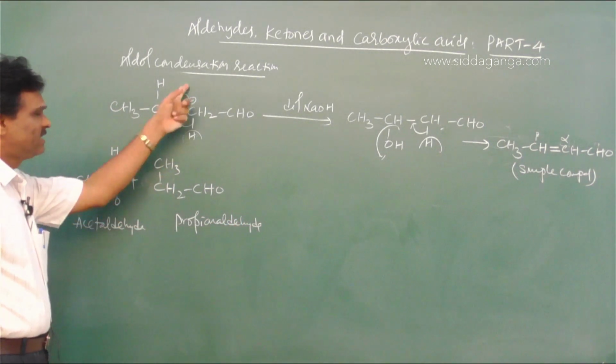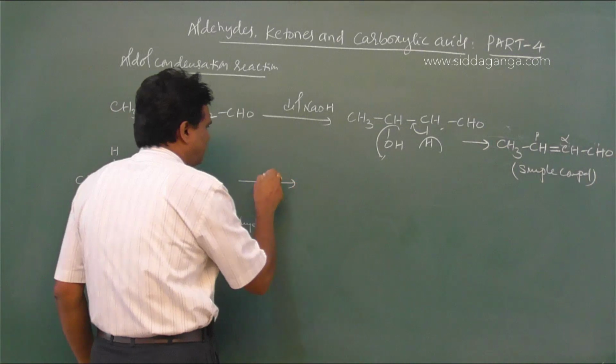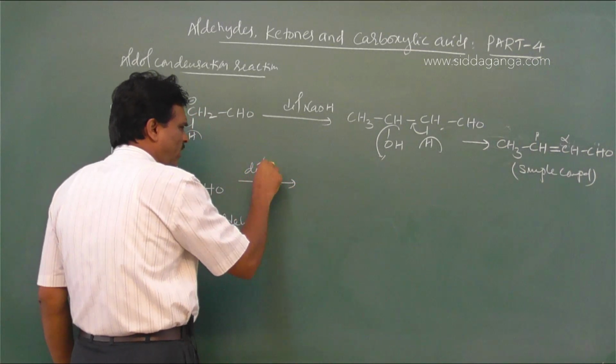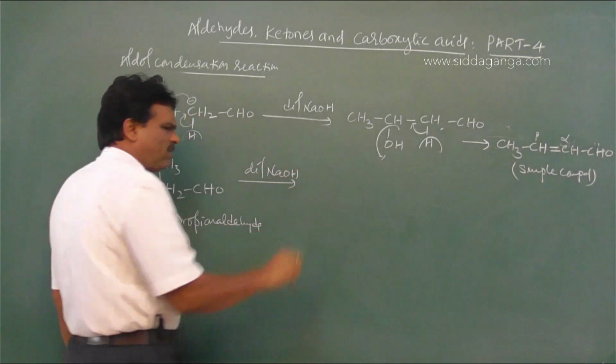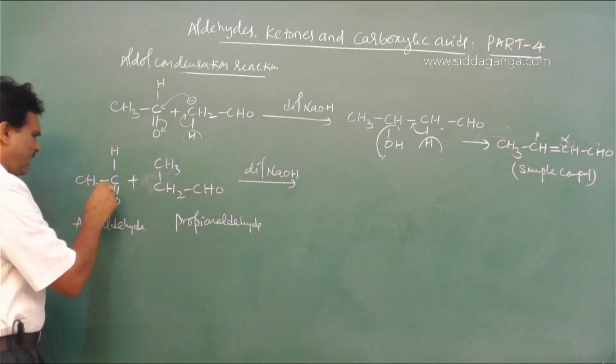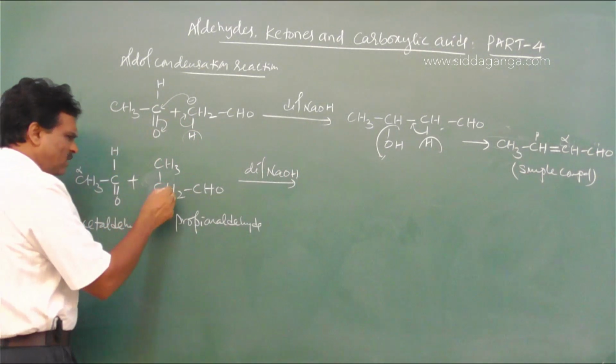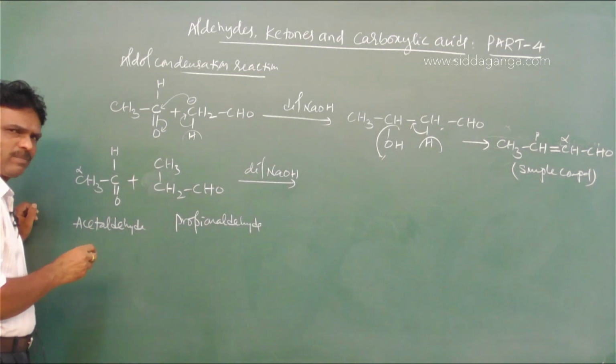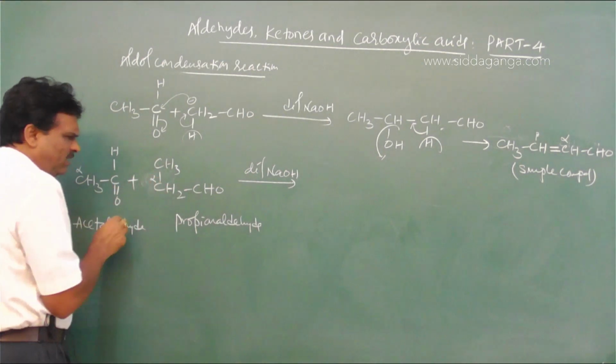The aldol condensation reaction is carried out by taking two different aldehydes. Acetaldehyde contains alpha hydrogen, and propionaldehyde also contains alpha hydrogen. This is alpha hydrogen.